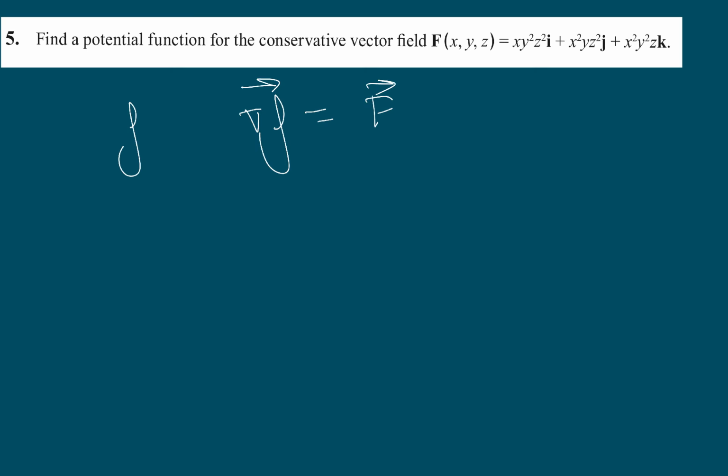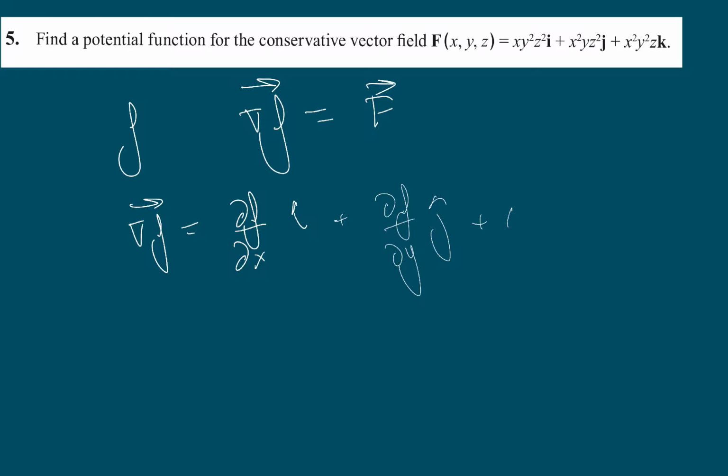Well, the gradient of f is a vector field whose components are the derivative of f with respect to x, the derivative of f with respect to y, and the derivative of f with respect to z.